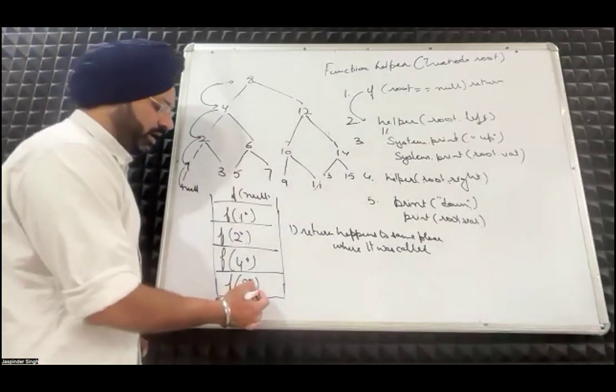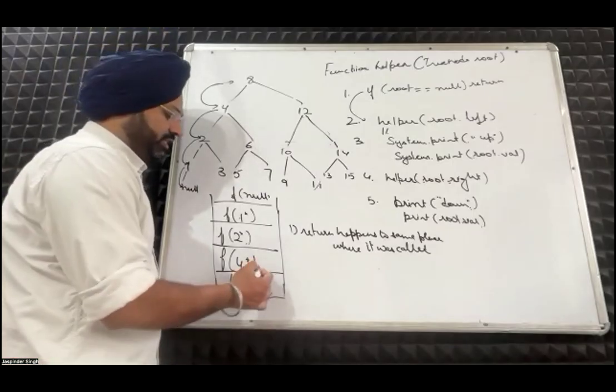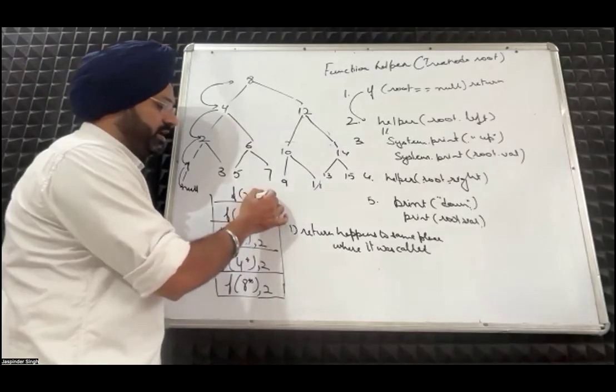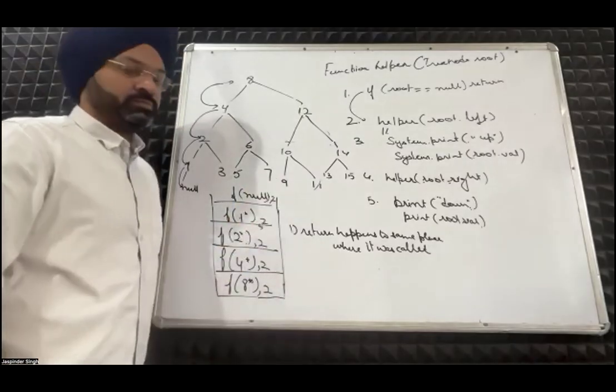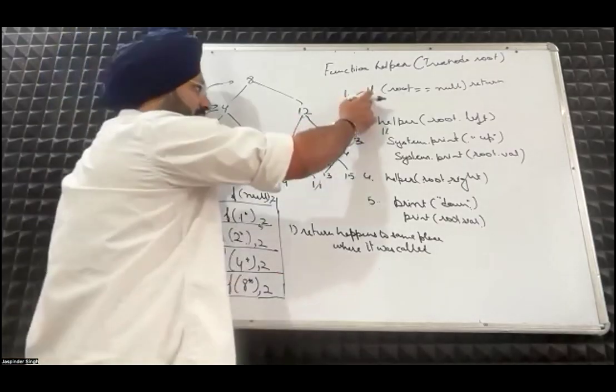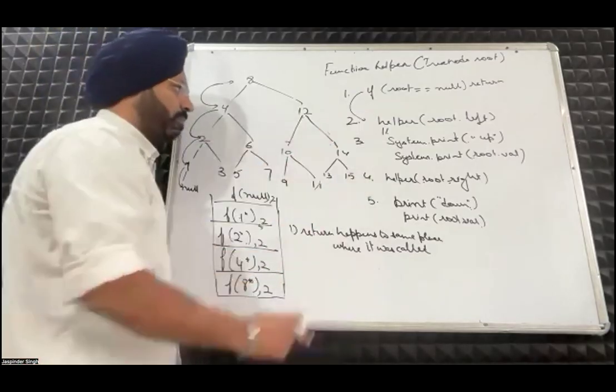All right. So I'm going to write over here, just for your understanding, that all these functional calls have happened from line number 2 till now. They were left recursive calls. So when return happens, it returns to the same place from where it was called. It comes right here.